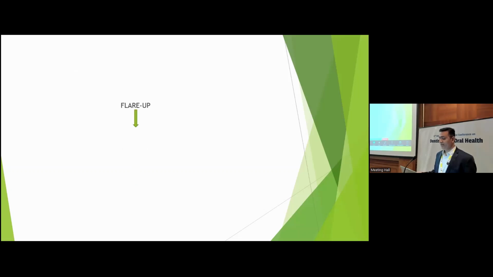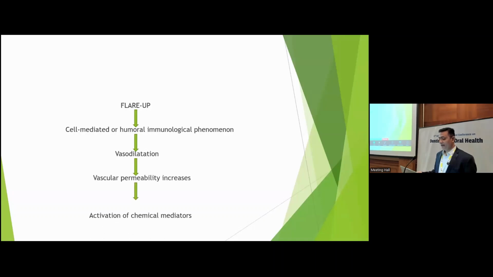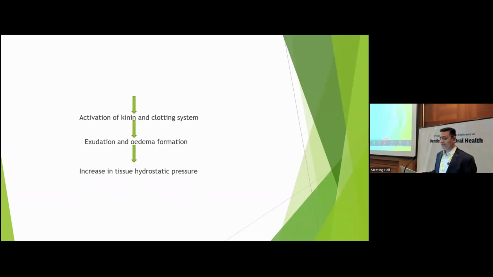But now, what will this flare-up do? This causes a severe immunological reaction, causing vasodilatation, increased vascular permeability, and activation of the chemical mediators. Activation of the kinin and clotting system leads to exudation and edema formation, leading to swelling in that region.